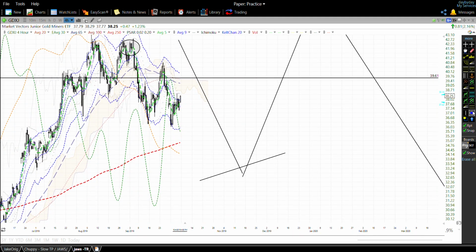So if we do spike right here, this area range, and it may be even a high range, would turn out to be a wedge resistance. That wedge resistance looks to be sold off into this November, mid-November area.